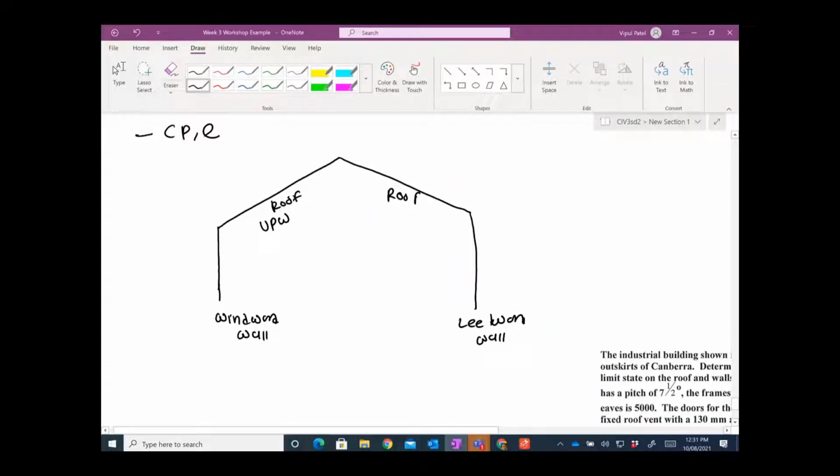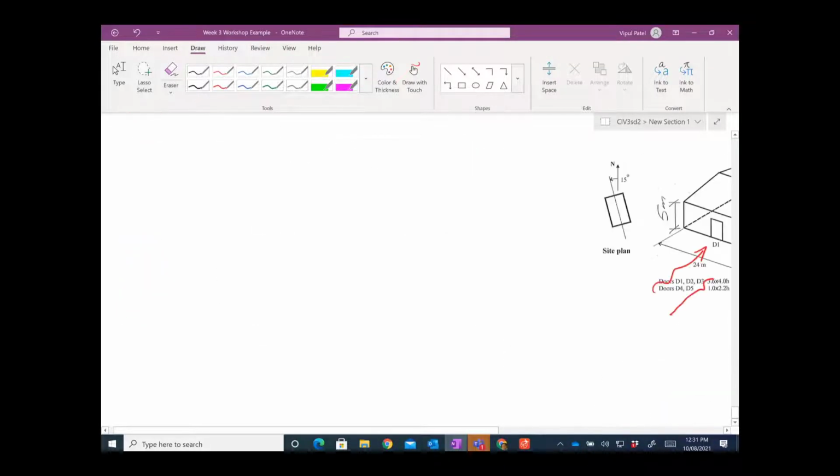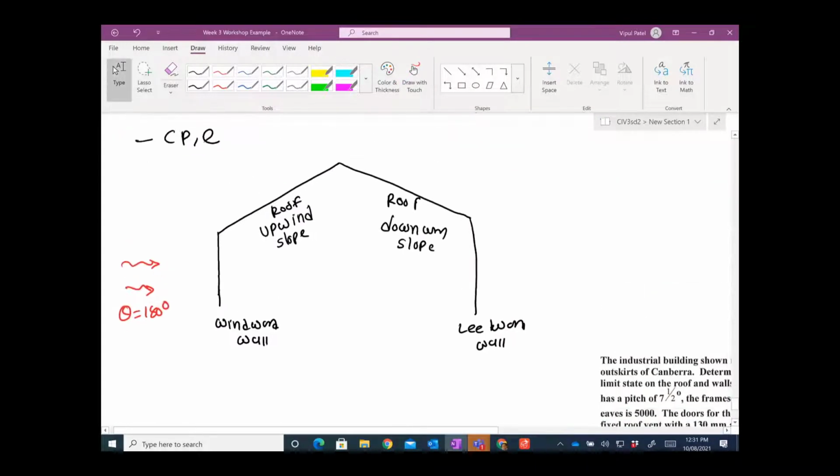So upwind slope roof and downwind slope roof. The direction will change. The wind is coming from here, theta equal to 180 degrees, right? And if the wind is coming from here, this direction will change where the windward and leeward are.